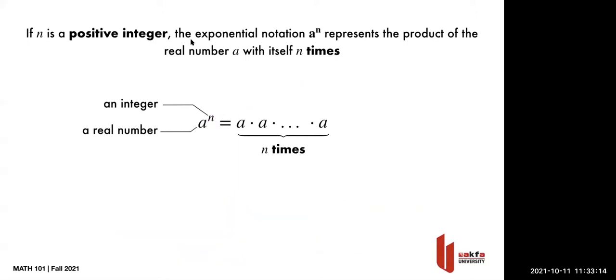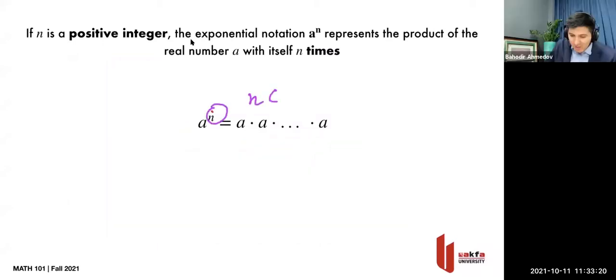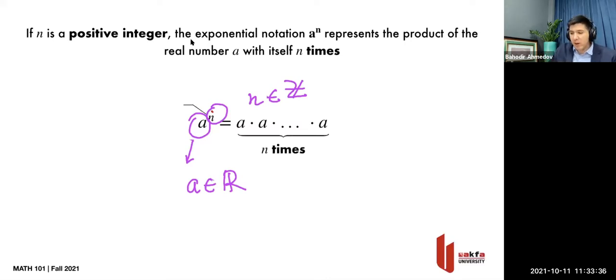How? Z, great. So n is going to be from Z, okay? And a is going to be from the set of real numbers. So instead of writing 5 129 times, I could just write 5 to the power of 129 in order to denote the exponential number.